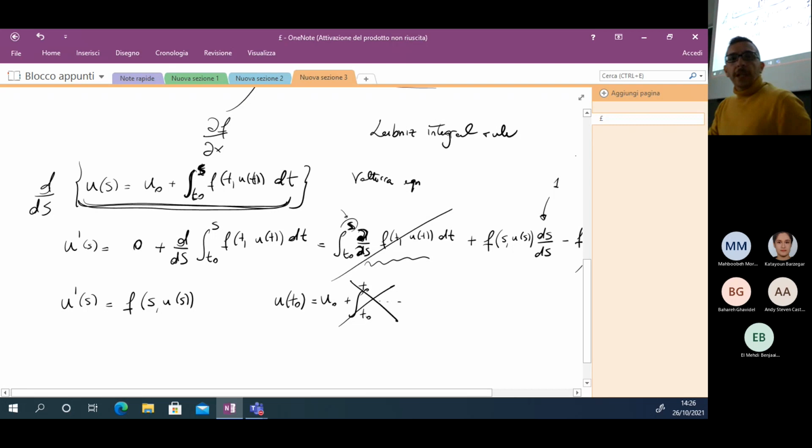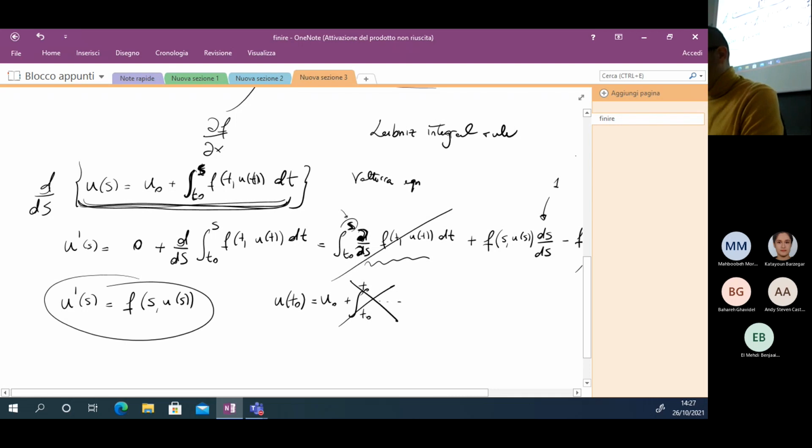This allows me to say that the Voltaire equation, this Voltaire style equation which is written here, is equivalent to the initial value problem where you have this first order differential equation and where I have these initial value conditions.